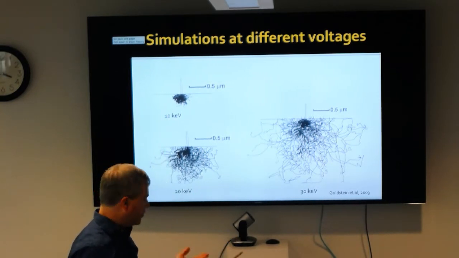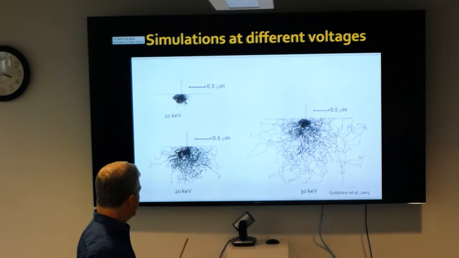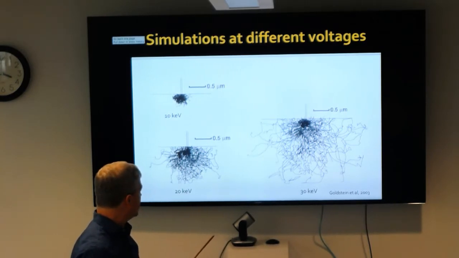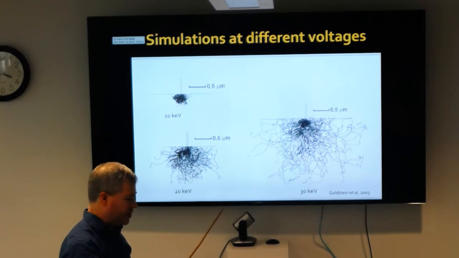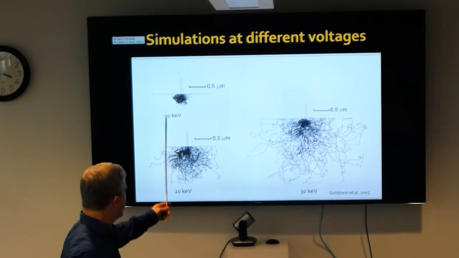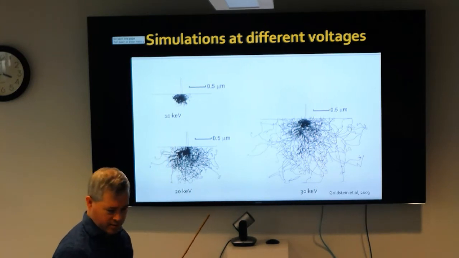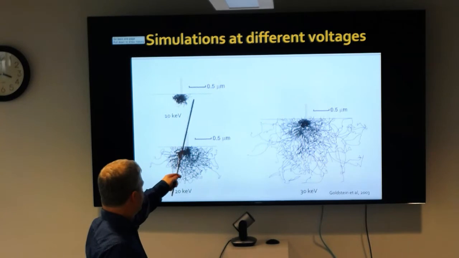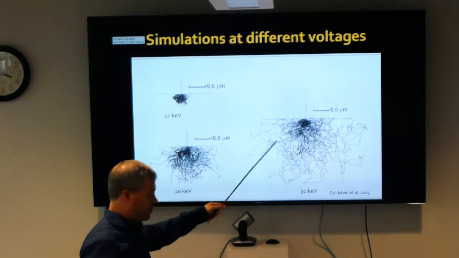We are commonly using 2 keV or less on our scope. The Helios we have will go up to 30 kilovolts, but when we're doing the surface imaging, we're looking more at 2 keV or less. Sometimes we do want to see what's underneath the surface in order to find the sample, and then we'll be imaging up to 30 keV.